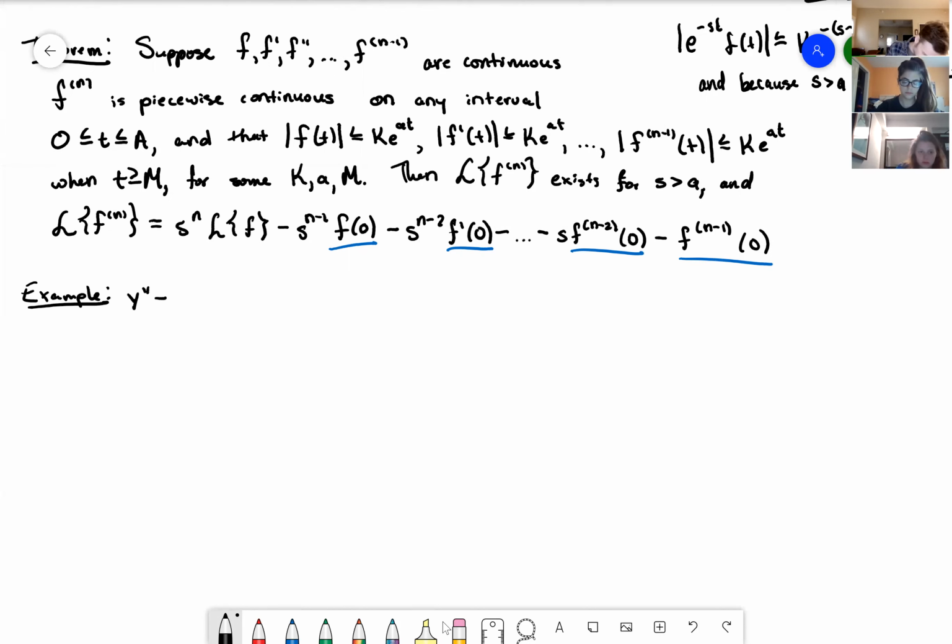y double prime minus y prime minus 2y equals 0. There's our ODE, homogeneous, second order, linear, constant coefficients. And this is our initial condition.